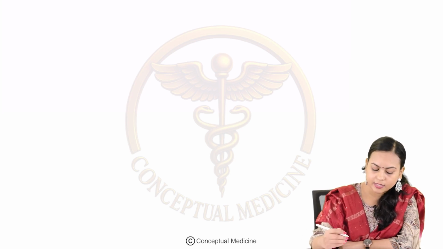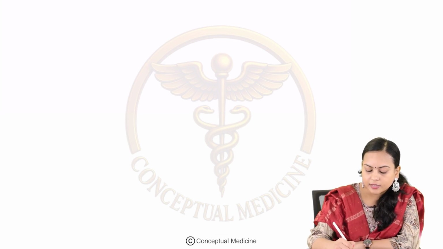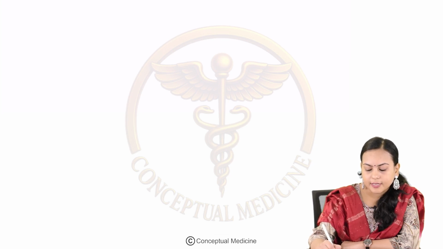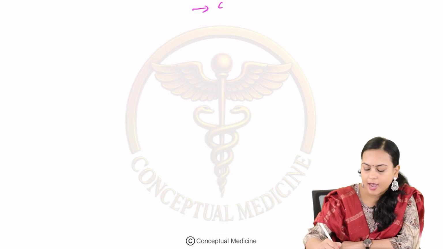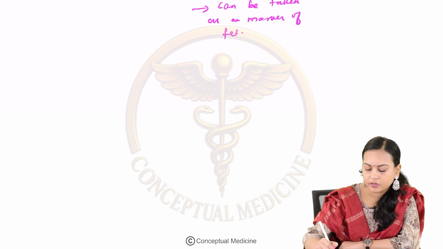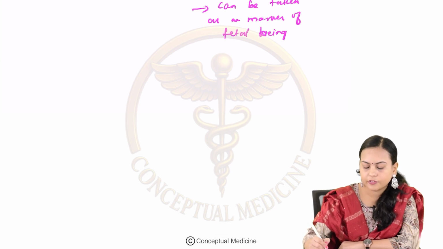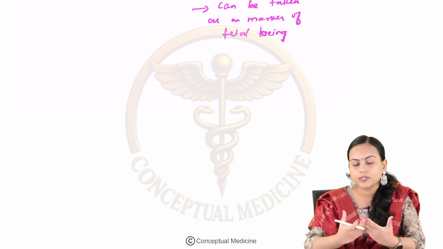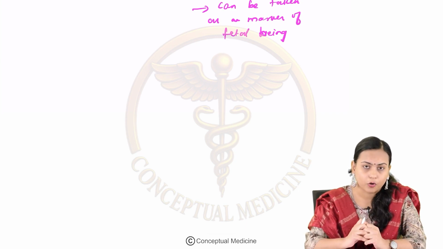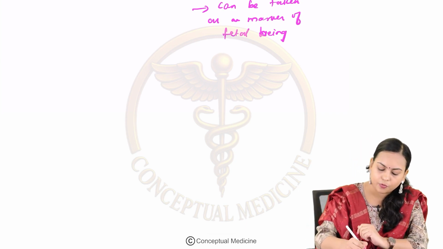So, since the production is starting from the fetus, this E3, which is a specific form of estrogen in pregnancy, can also be taken as a marker of fetal well-being, right? If adequate amounts of E3 are produced, then the fetus is also normal. The functions, the enzymatic activities, the steroidogenesis in the fetus is going to happen normally. This we can understand, right?